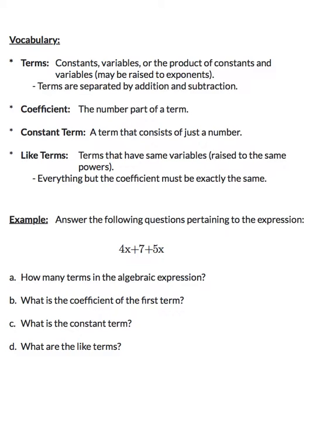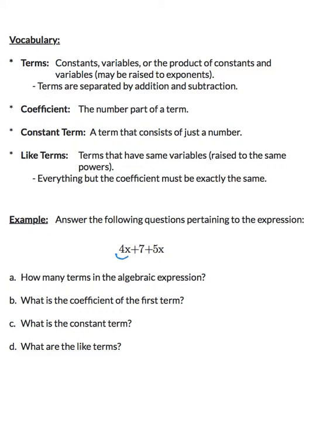So let's go ahead and check our understanding of these vocabulary words by looking at just a quick example. We want to analyze the expression and identify certain things. So the first question that we have is how many terms are in the algebraic expression? This expression has a total of 3 terms.